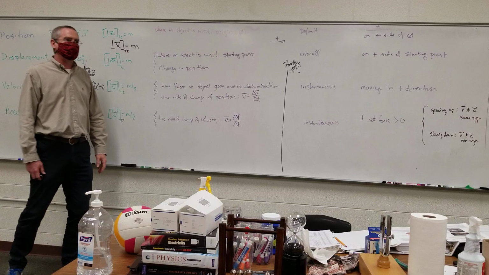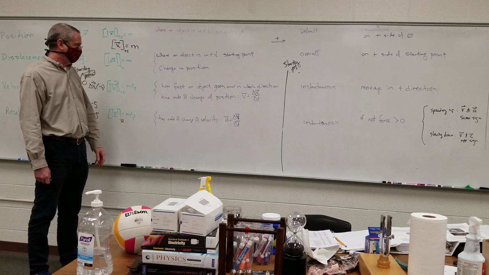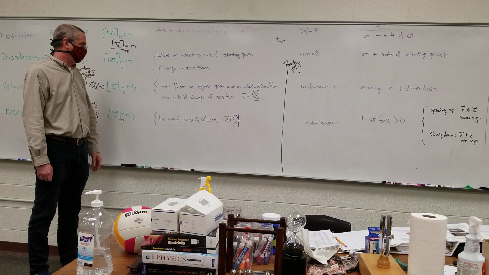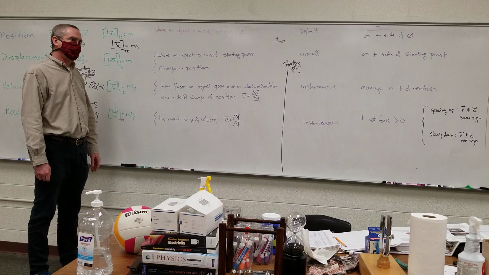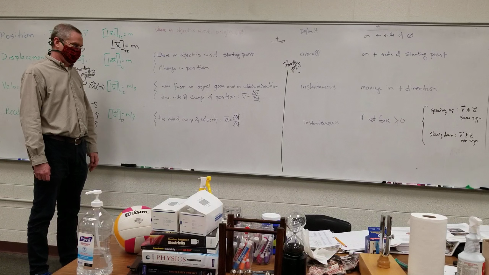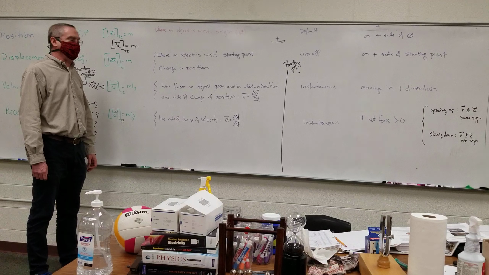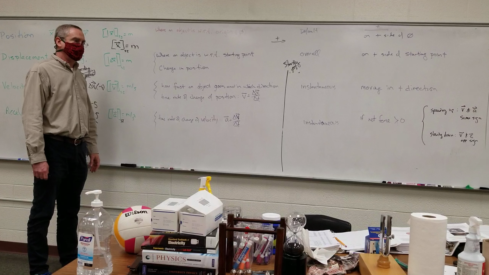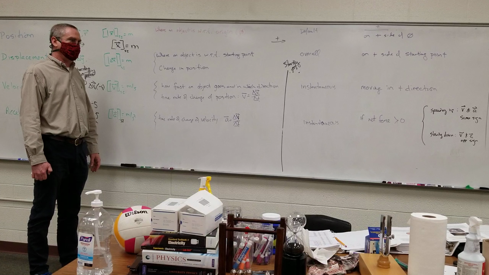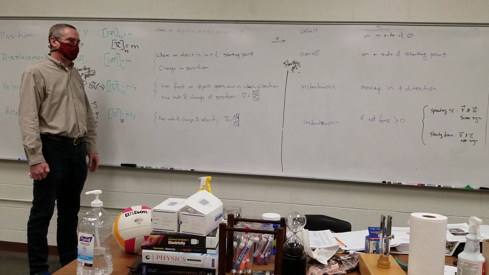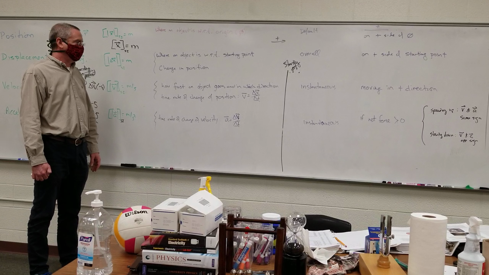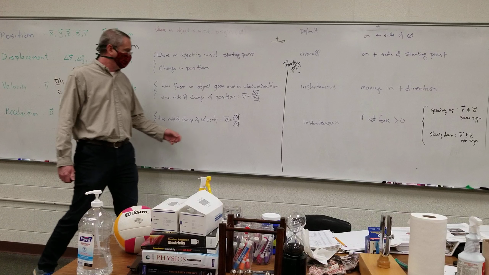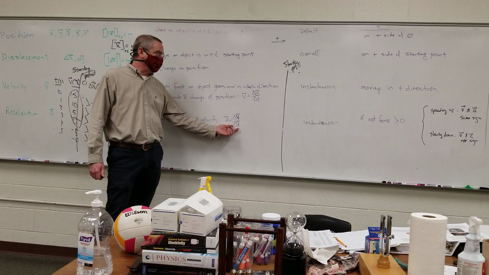True enough. So the vector is the only one that can be positive or negative, and that's what dictates the sign of A? Is that what you're saying? Yes, unless you want to do something funky. The interaction between delta V and delta T, and when delta V is negative, A is negative. Wait, I missed the last bit. It's delta V. Change in time, we will assume is positive.